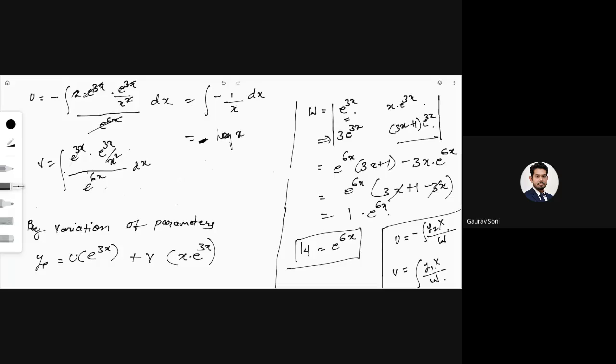So e to the power 3x, e to the power 3x, e to the power 6x get cancelled out, and we have integration 1 by x squared dx. Now integration of 1 by x squared is minus 1 upon x. So this will be minus 1 upon x. So you can put the values in place of u and v, and that will be our solution.